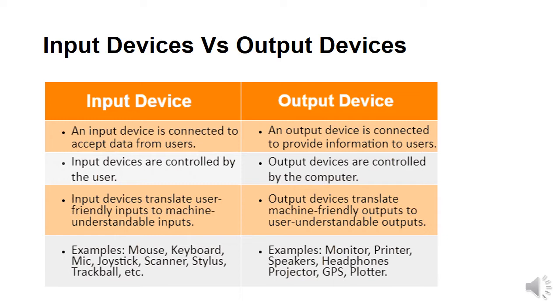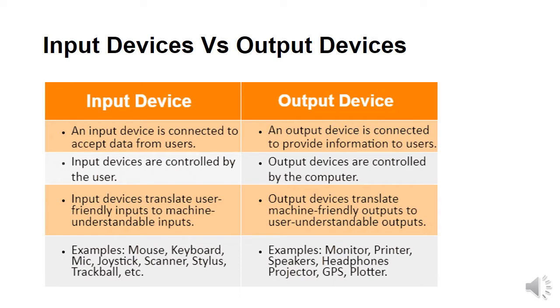Computers do not understand human language, but instead they understand machine language or binary language. It means that everything we type through the keyboard must be converted into a series of zeros and ones, or bits. This is the task of input devices.